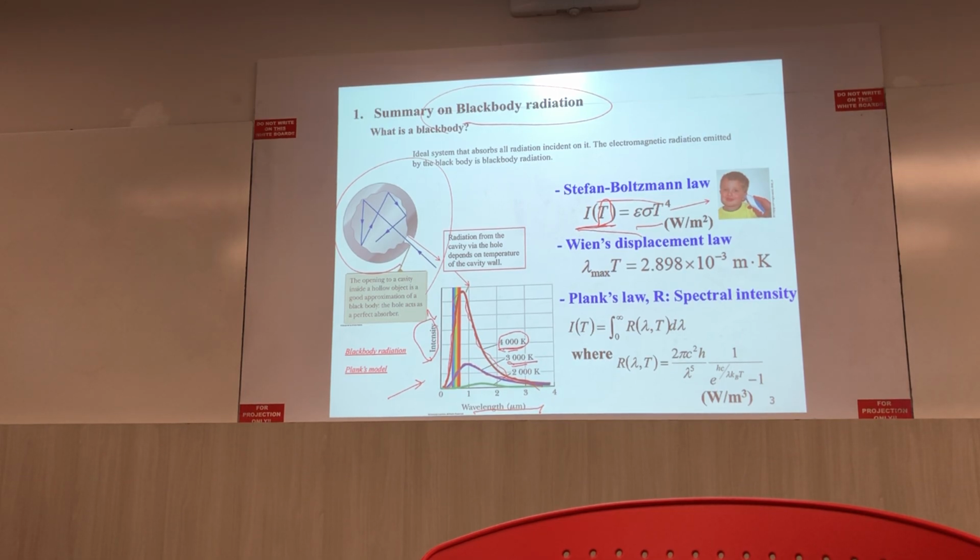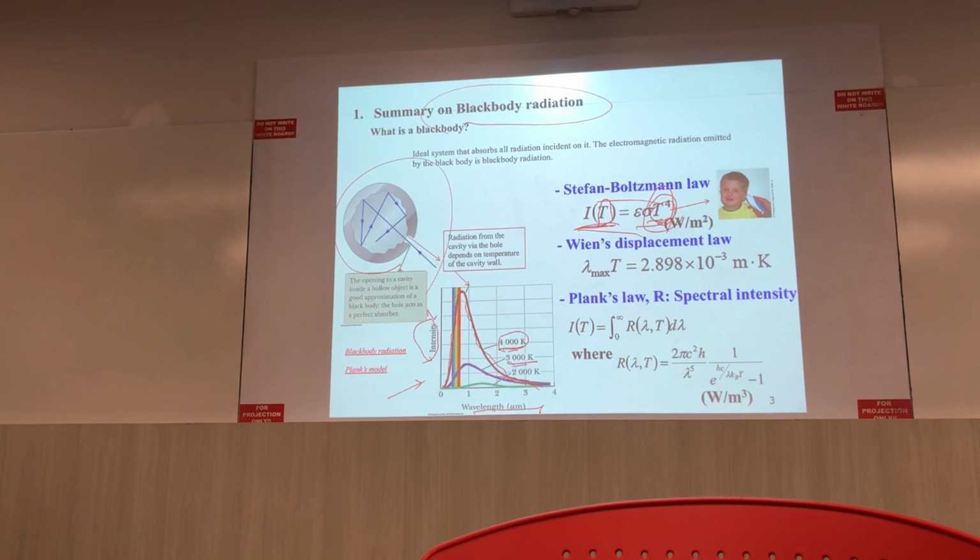So this is very sensitive. Even a small change in the temperature is going to be amplified, because we have the power of 4. So a small change of temperature will amplify the intensity.